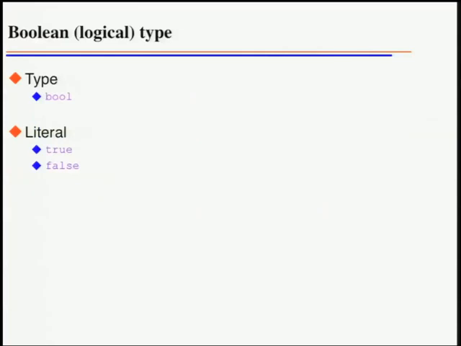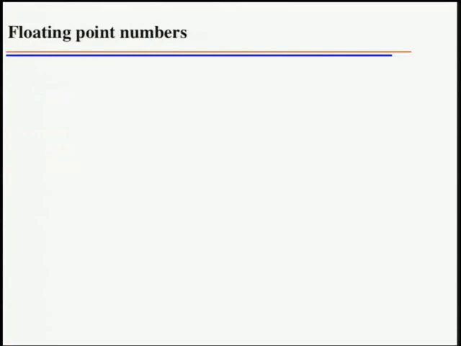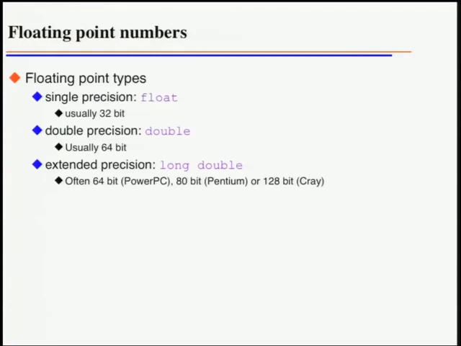There's Boolean types. The type is just called bool, and the literals are true or false. That's it. Floating point numbers are a bit more interesting. They come in 3 different variants. There's the single precision float, which is usually a 32-bit floating point number.